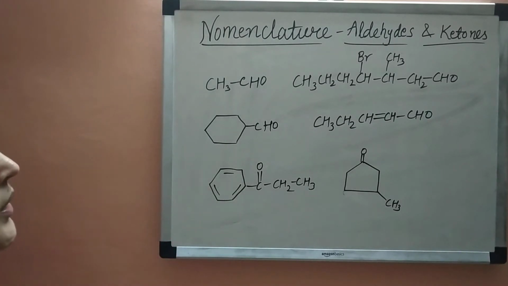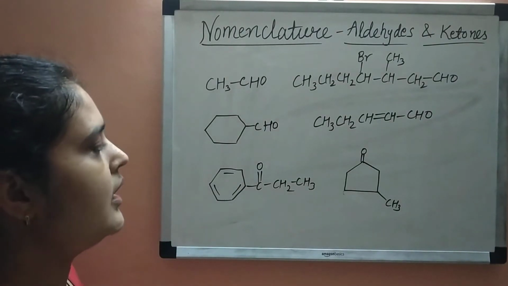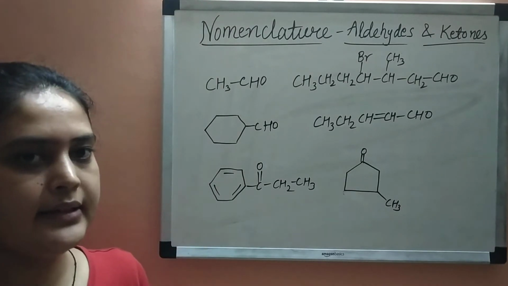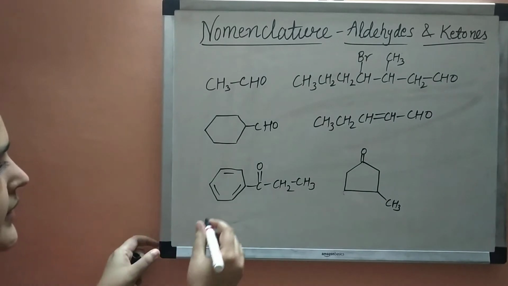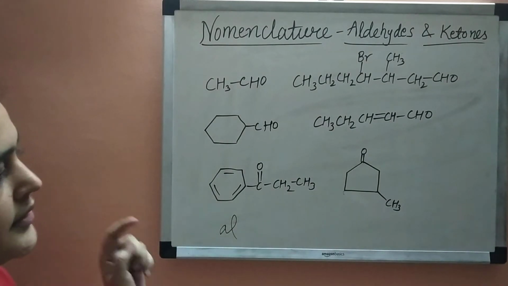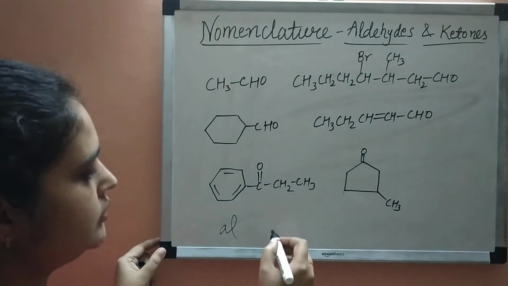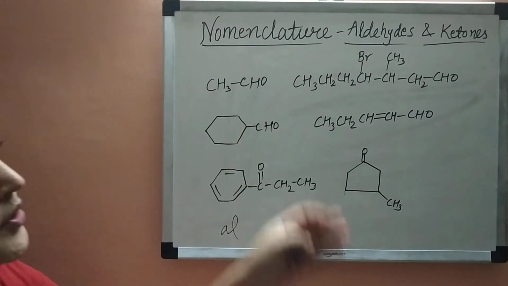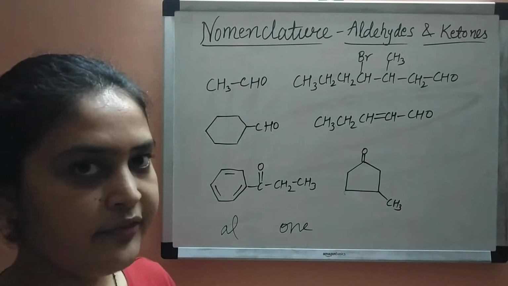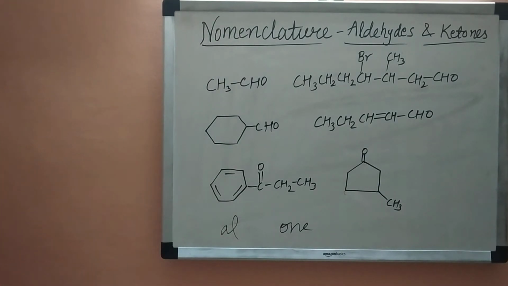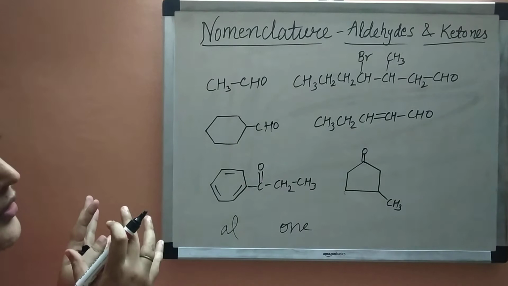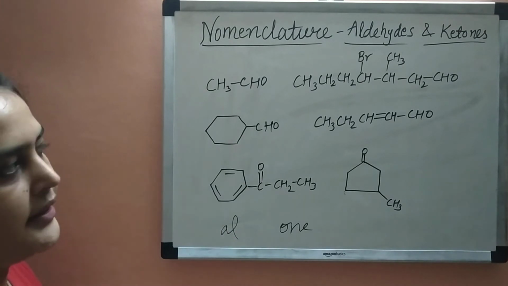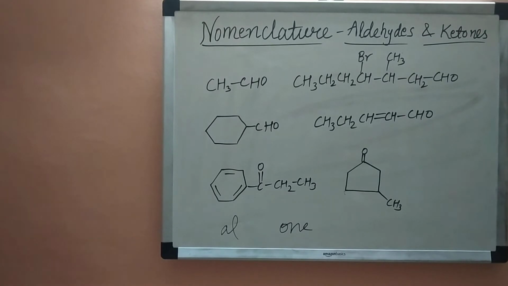The nomenclature rules are as follows: the suffix for aldehydes is AL, and the suffix for ketones is ONE, that is ON, and the substituents are named in alphabetical order. So bromo is written first, then methyl, because alphabetically B comes first, then M, irrespective of the number.